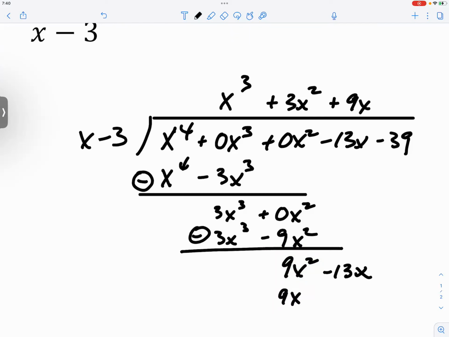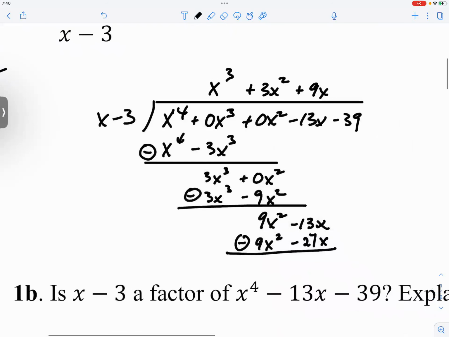So 9x squared minus 27x. Yes. You subtract again. And then you've got positive 14x, and bring down the 39, and then you have a plus 14.